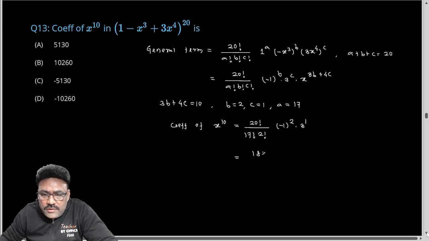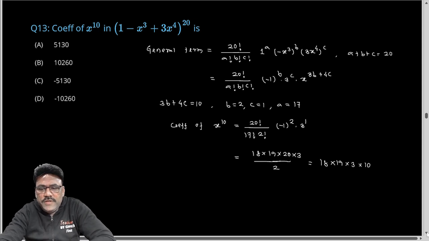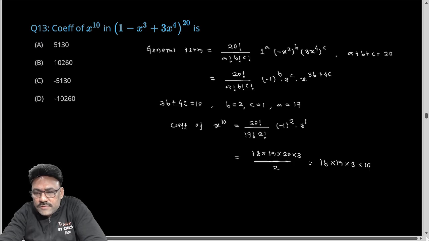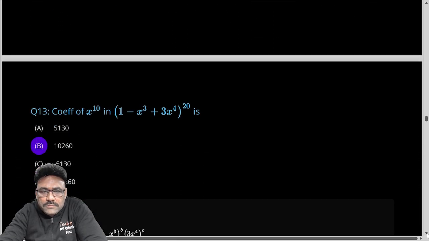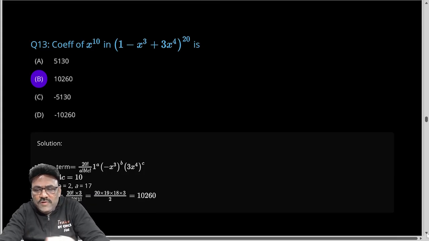You are getting 18, 19, 20, 3 divided by 2. So finally it is 18, 19, 3, 10. So just multiply 18, 19, 3, 10. You will get your answer. If you multiply, 10260 will be your answer.